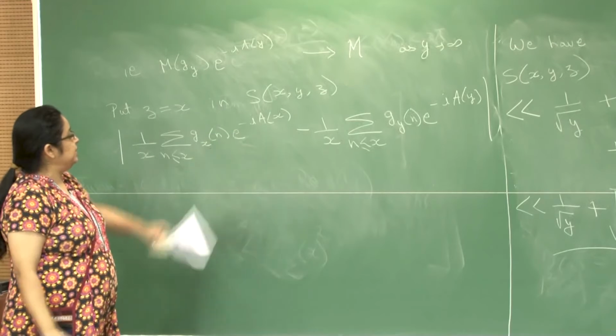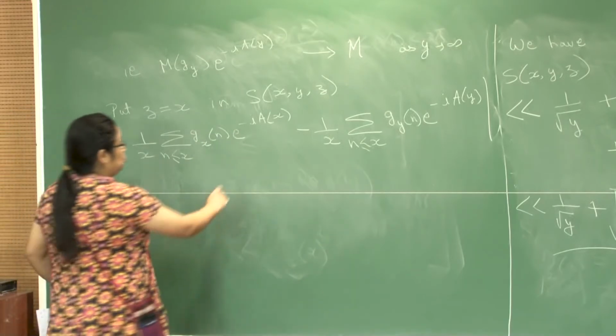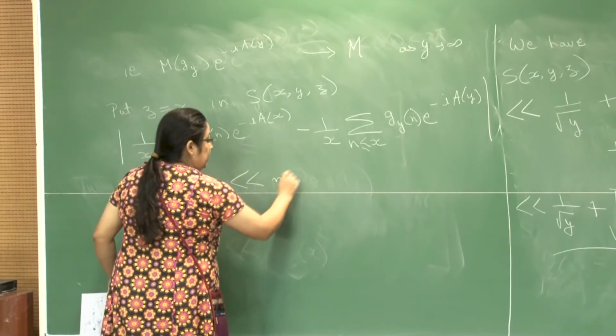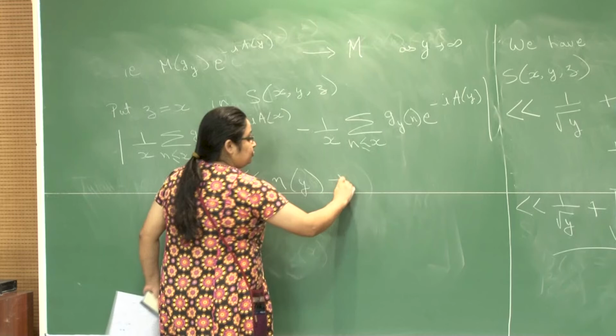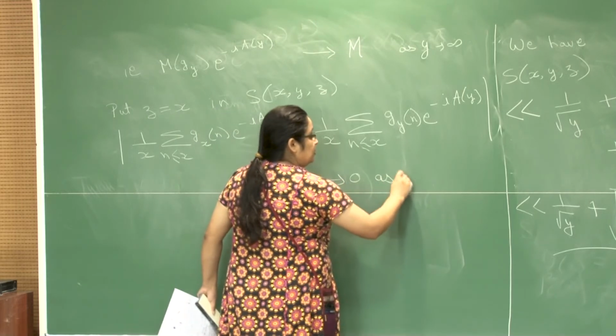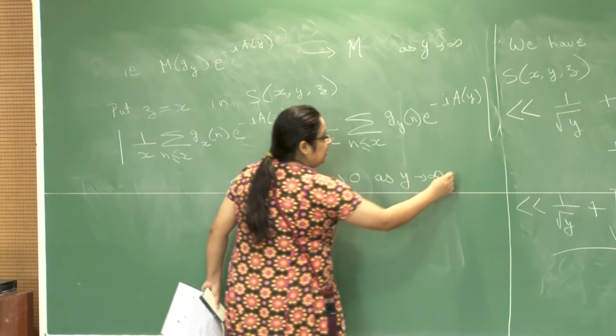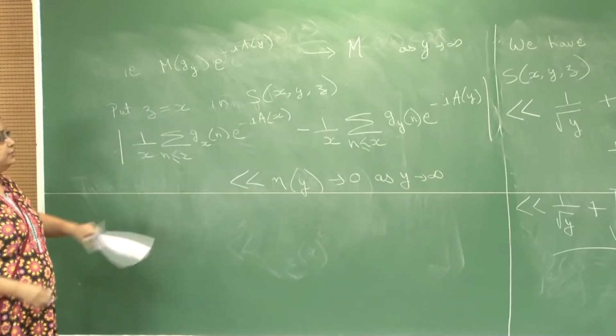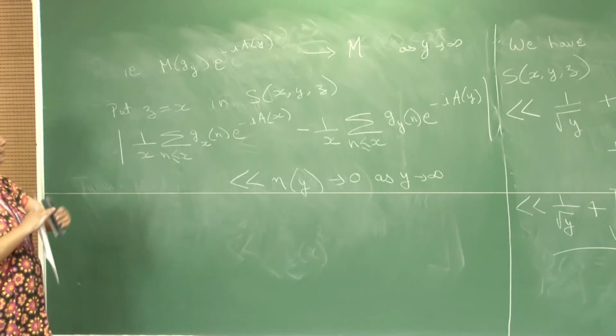Okay, this can be made very, very small. It's O of eta of y, which goes to 0 as y goes to infinity.